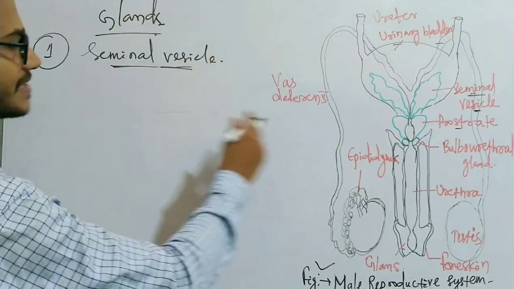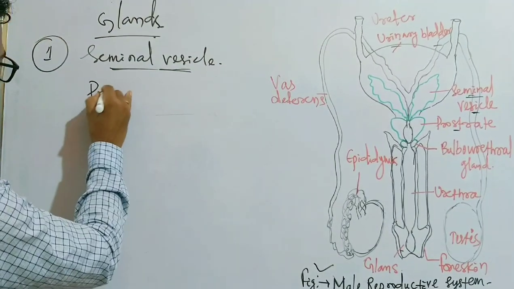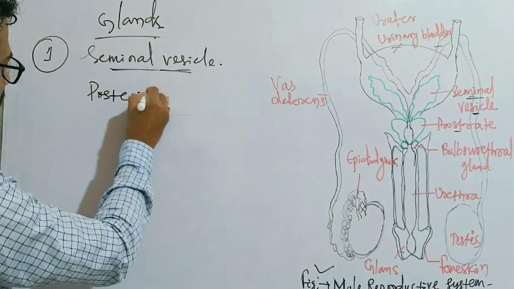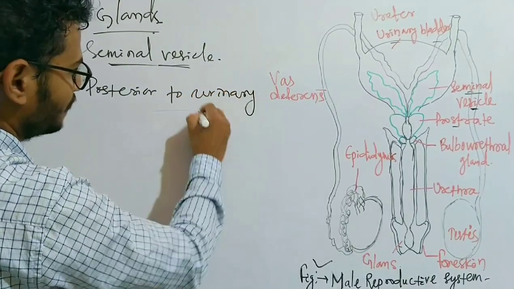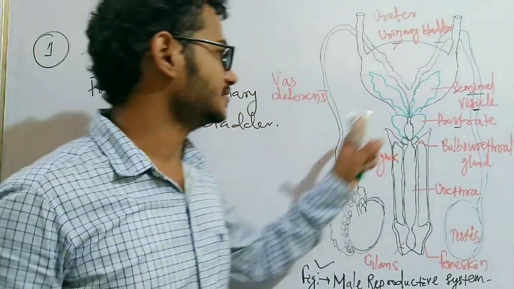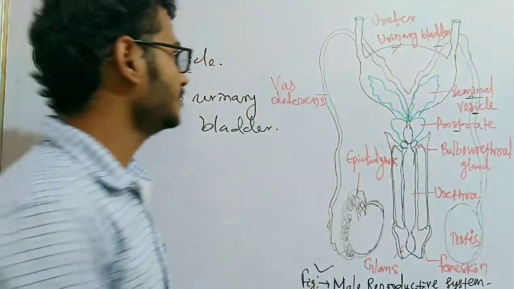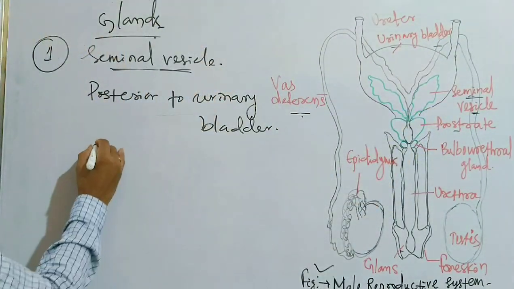The seminal vesicles are present posterior to the urinary bladder, and they open to the vas deferens, or the ductus deferens, with a minute duct.